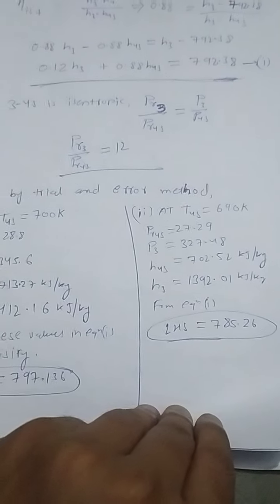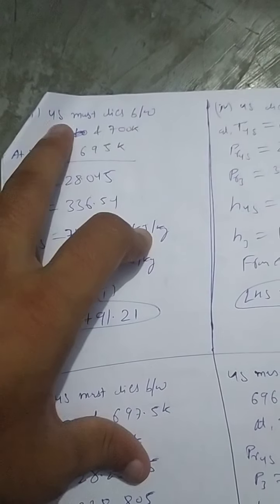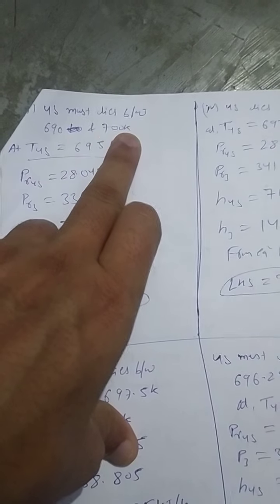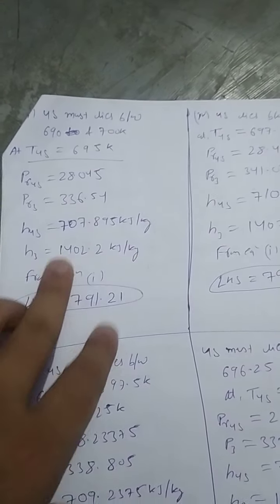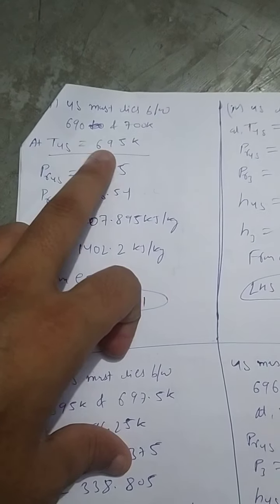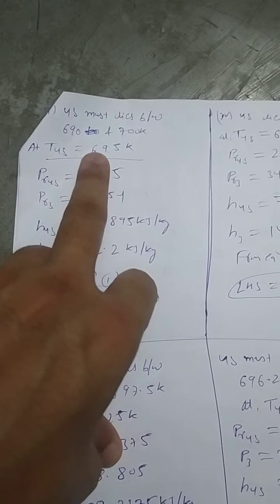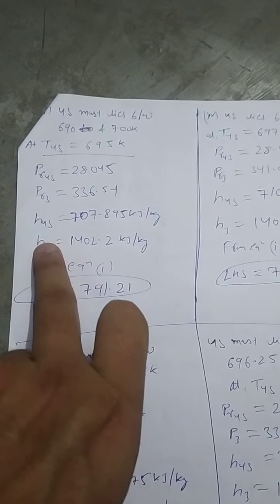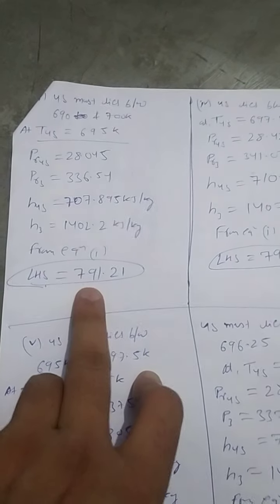So it means that T4s must lie between 690 and 700K. Let's take the average of those temperatures, 695, and putting these values of H3 and H4s, we get 791.2.